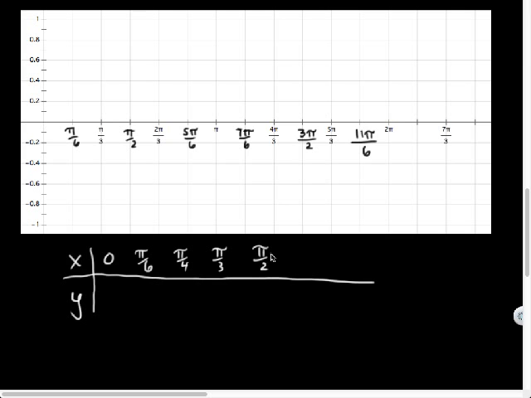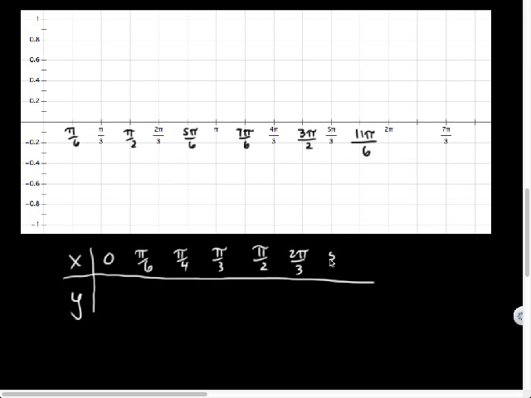So after pi over 2, I'll have 2 pi over 3. 2 pi over 3 is the same as 4 pi over 6, because pi over 2 is the same as 3 pi over 6. Getting used to these fractions here.